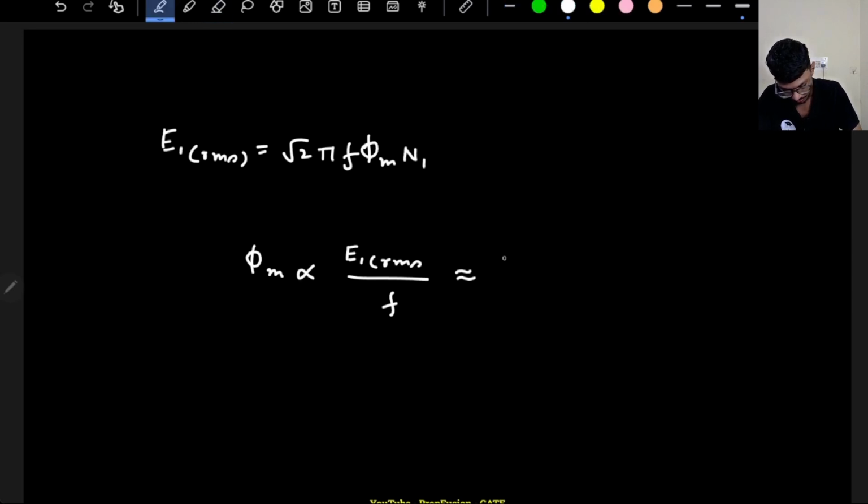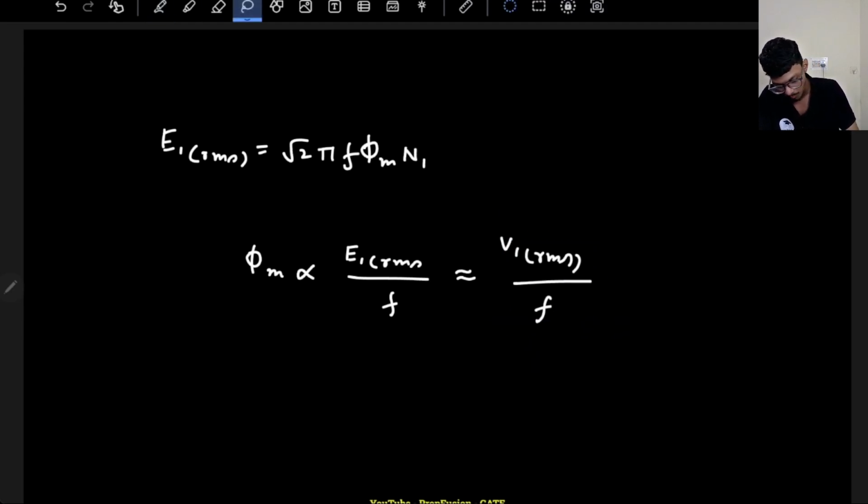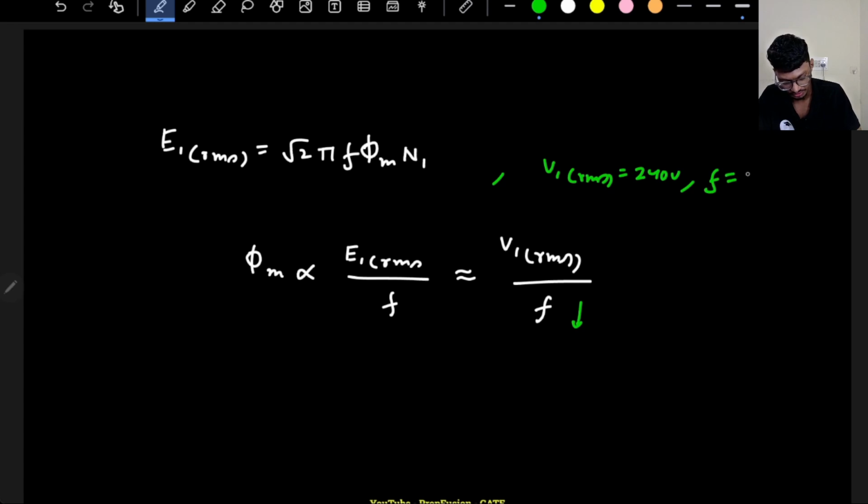So it is proportional to V1 RMS only, the supply, assuming winding resistance to be negligible. Now let's assume that my V1 RMS is 240 volts and f is 50 hertz.